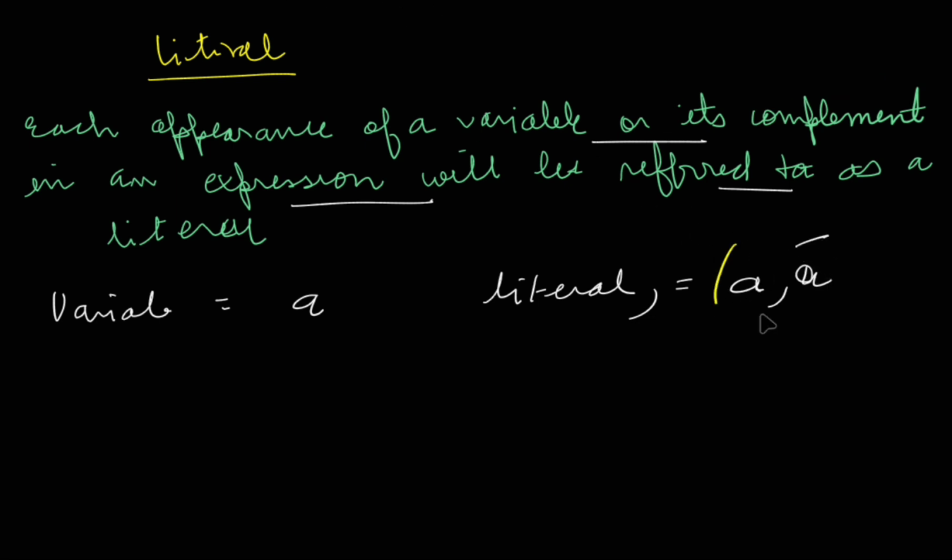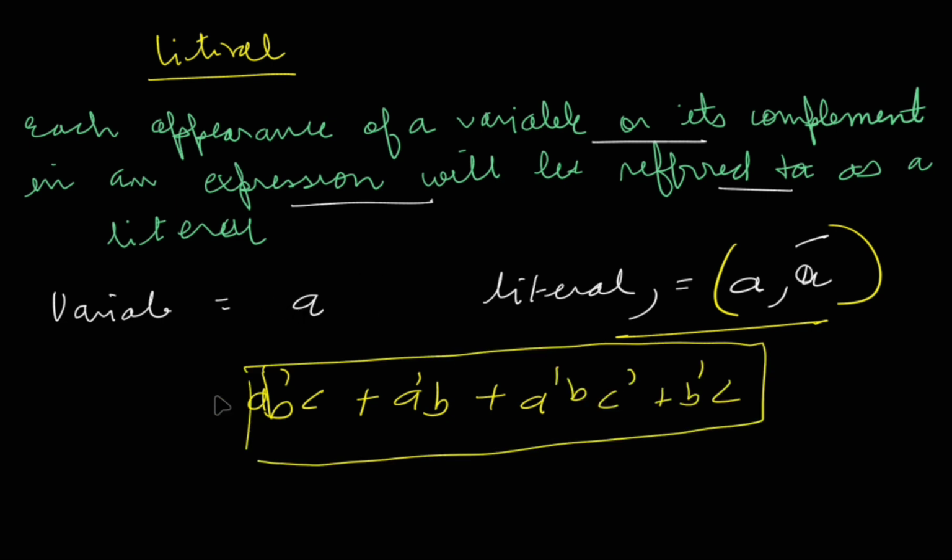Each appearance of a variable or its complement in an expression is referred to as a literal. For example, in this expression, here you have only 3 variables, but there are 10 literals, right?